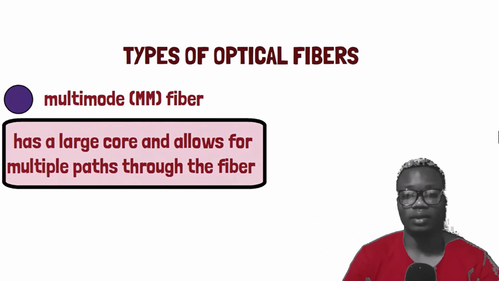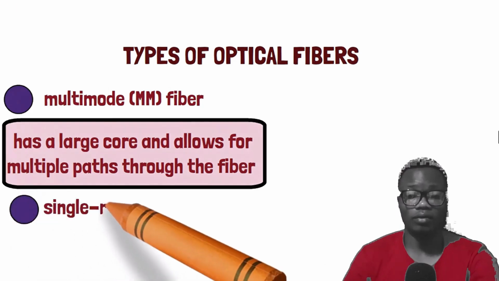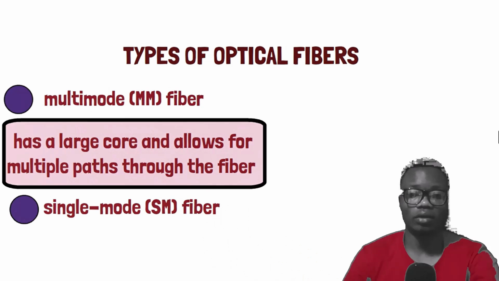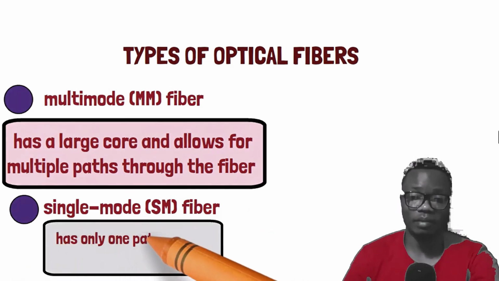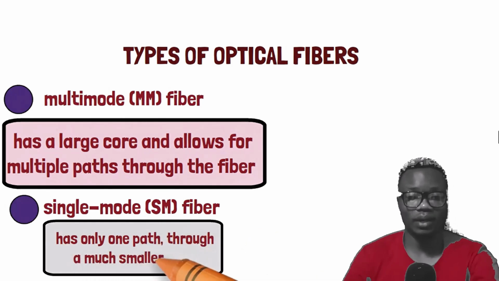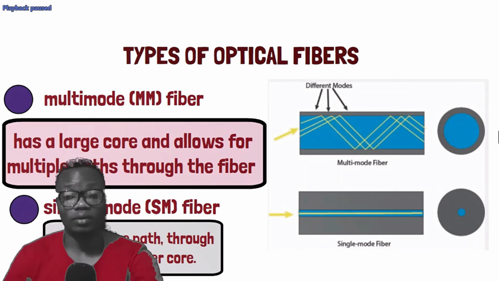The core of the multimode fiber is large, and being large, it allows multiple paths of the beam to pass through. Another type of optical fiber is the single mode fiber, or SM fiber. A single mode fiber has one path through a much smaller core. So there is only a single path in a single mode fiber.